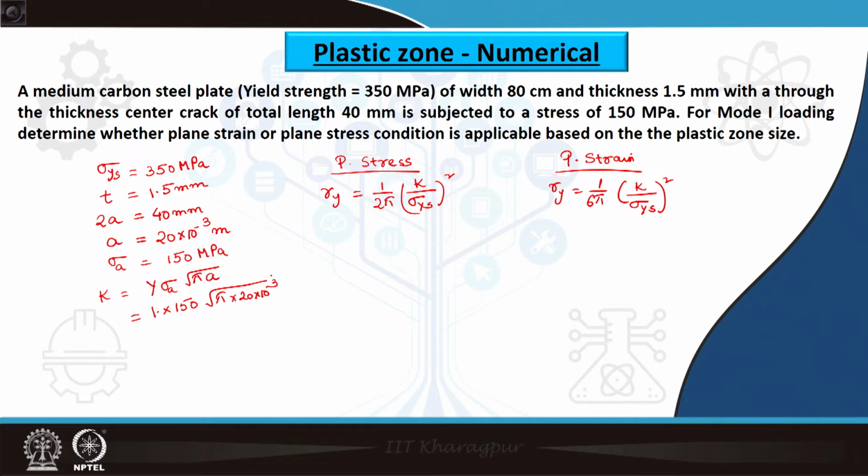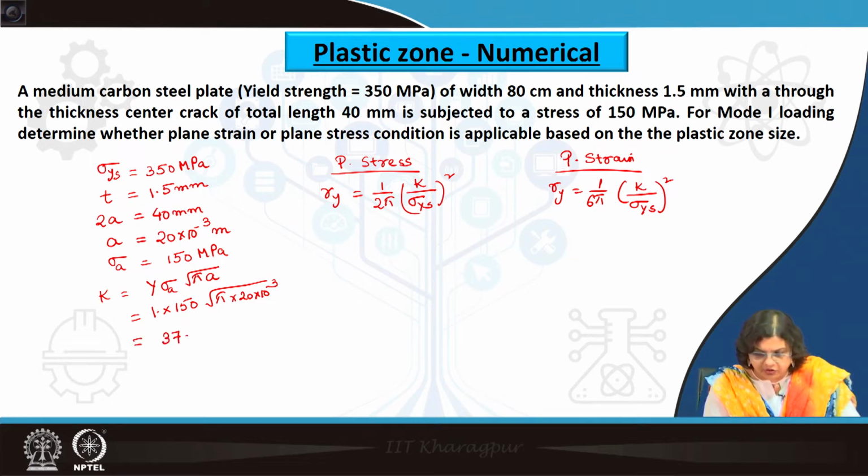If we simply solve this, it comes around 37.6 MPa root meter.